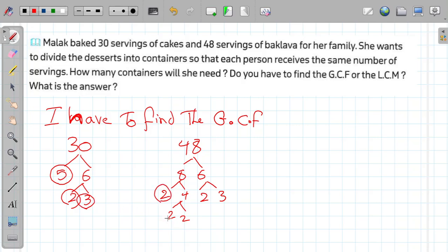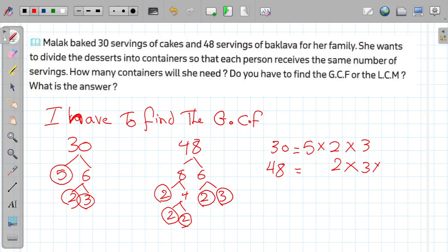Here I have 2, 2, 2, 2 and 3. So 30 equals 5 by 2 by 3 and 48 equals 2 by 3 by 2 by 2 by 2. I have four 2's and one 3.